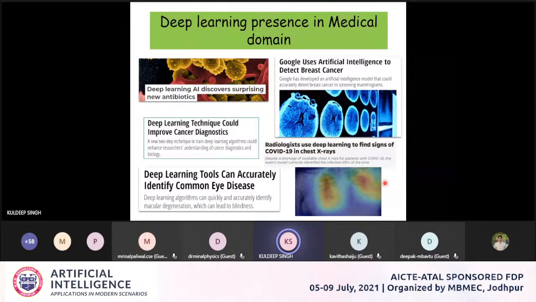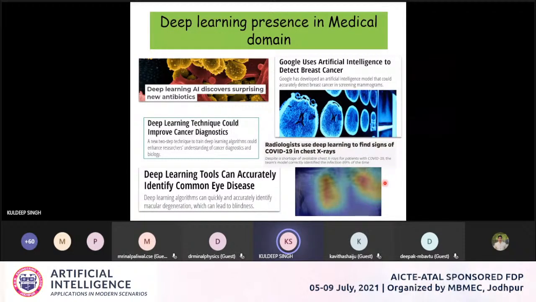As far as the current scenario is concerned, the latest AI technique, deep learning, has a presence in each and every aspect of the medical domain. You will not be surprised to know that deep learning is helping in the development of new antibiotics.